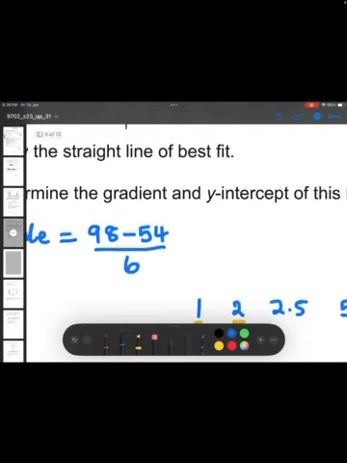Then we use our calculator to see what we'll get. We get 7.33. That's it from the calculator. I think this is correct, we get 7.33.